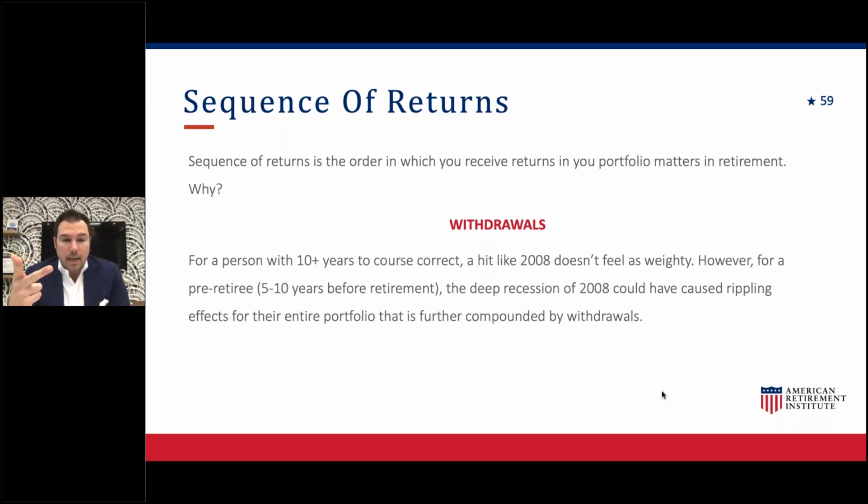If you're pulling money out for RMDs or retirement income, that's a double negative. And then that's not including the fees that you're paying to the financial advisor firm or the fees in your mutual funds or index funds. Potential triple negative that can crush the retirement values and can crush your investments if that happens early in retirement.